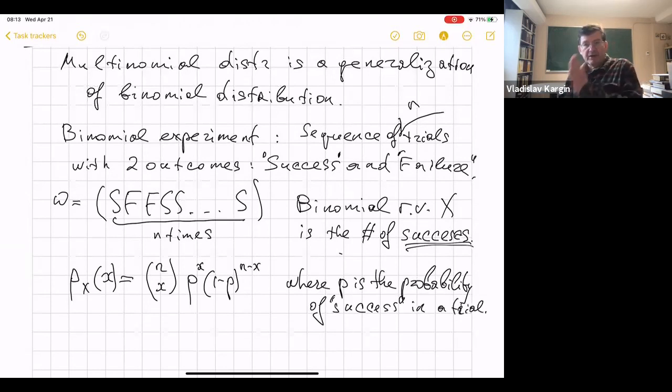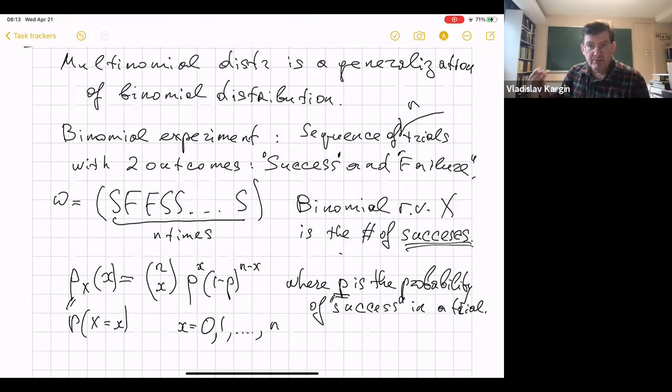We assume that the trials are independent of each other, and the probability of success in each trial is equal to this p. The possible values of x are 0 successes, 1 success, and so on. The maximum number of successes is n.